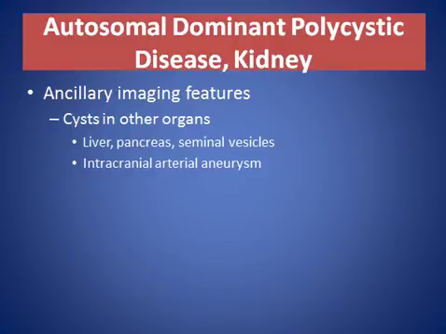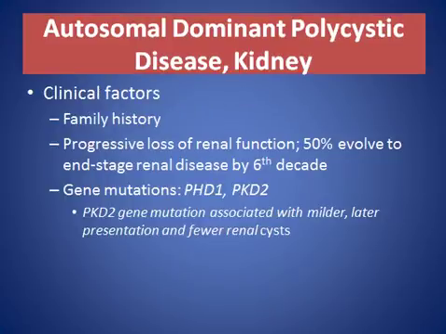Ancillary imaging features: cysts in other organs like liver, pancreas, seminal vesicles, and it is associated with intracranial arterial aneurysms. Clinical factors: there is family history and a progressive loss of renal function. 50% evolve to end-stage renal disease by 6 decades.